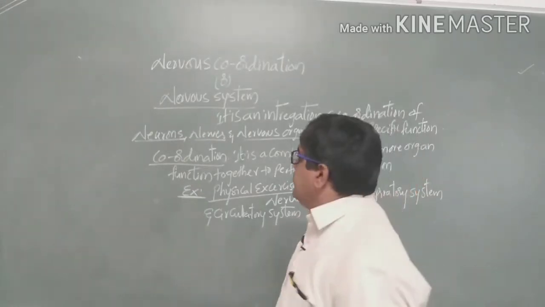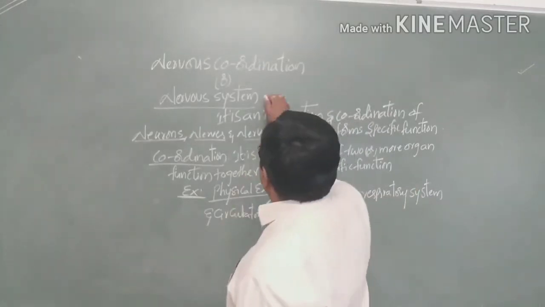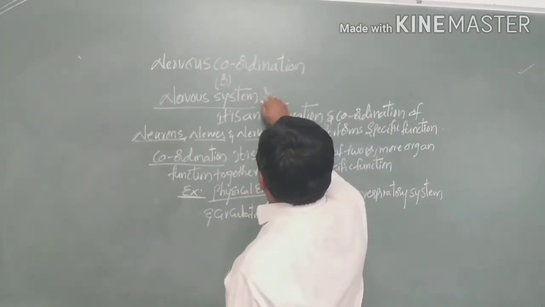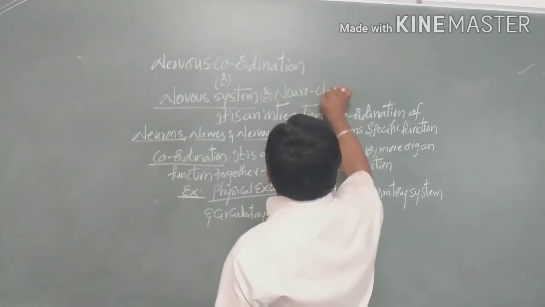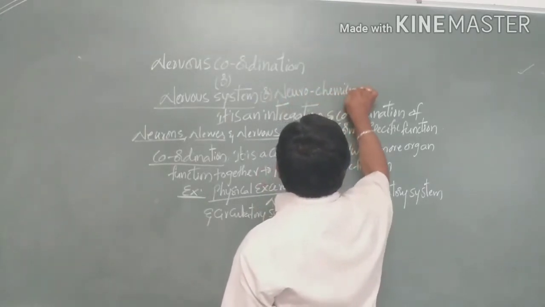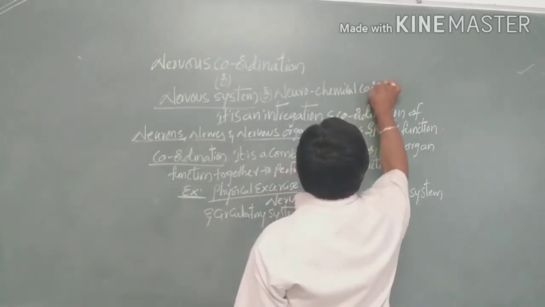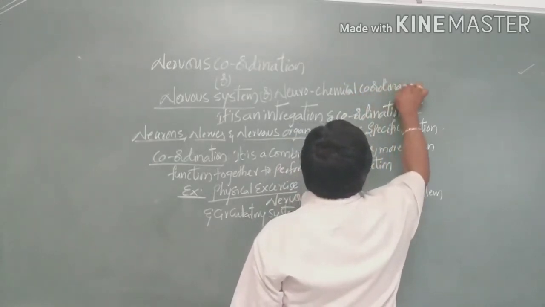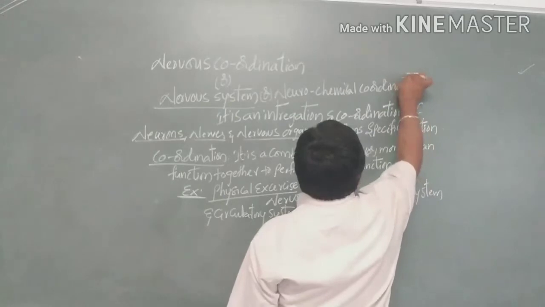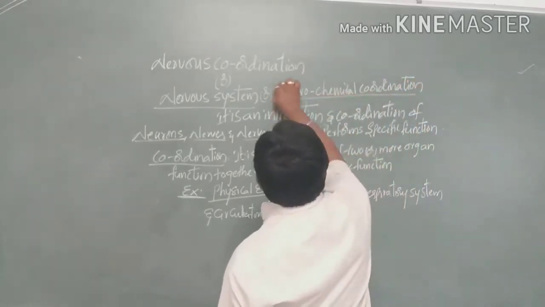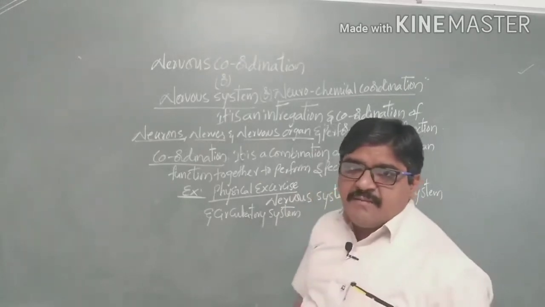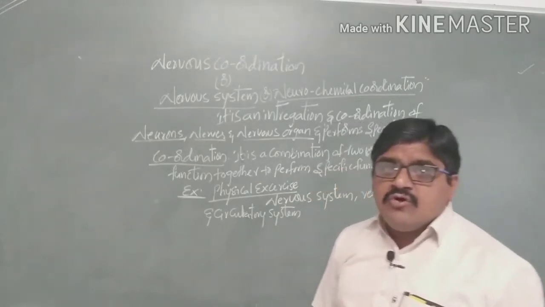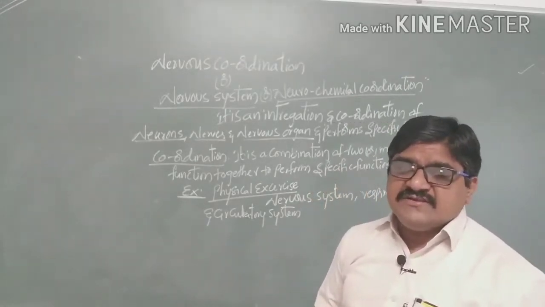Why? Because the neural system, that means the nervous system, is combined with hormones, the chemical substances which are secreted.